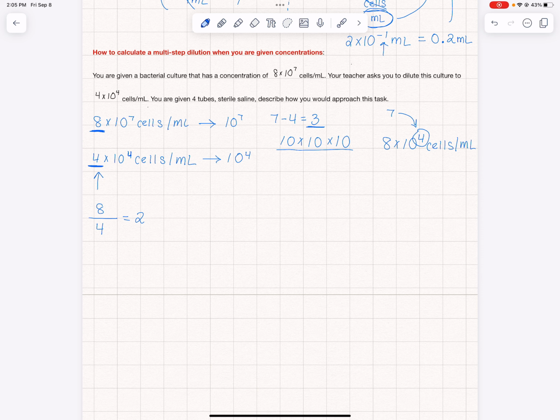And so what this number will tell me is that I still need to dilute this culture that we calculated here by a factor of 2, or by 50%, in order to get the culture that our teacher had asked us for. And so in order to do that, I would then have to do a 2-fold dilution.